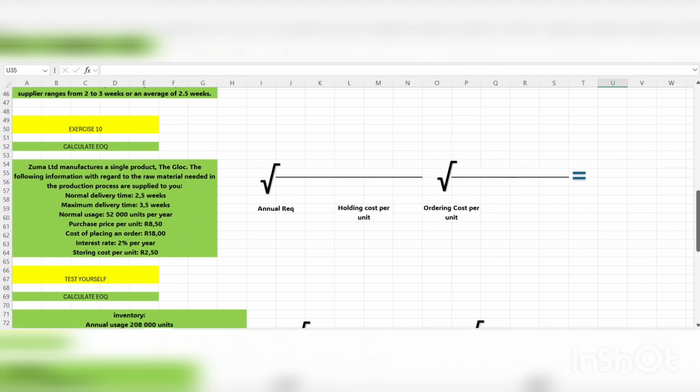So now we're doing exercise 10. Okay, so you find that they gave us full information, so let's work it out.